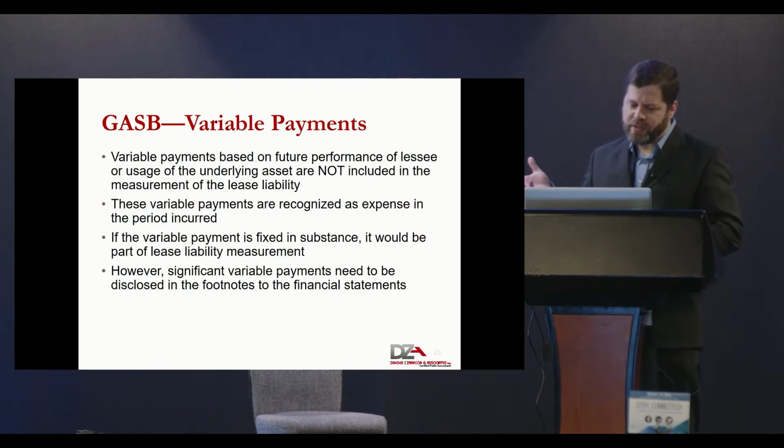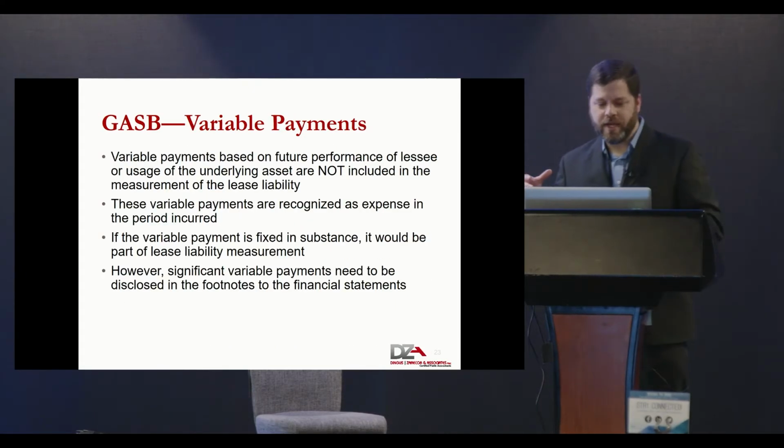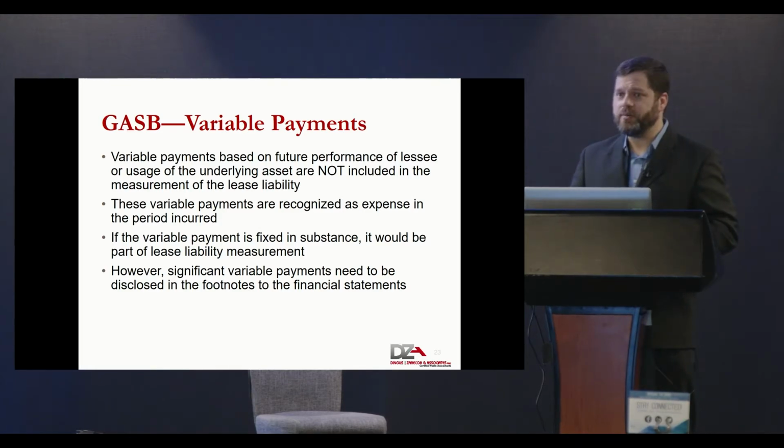So the variable payments, you do not include variable payments that are truly variable, like if it's a printer and it's all based on the number of copies you make, you wouldn't include that. However, usually there's a minimum amount that you have to pay. So you pay X amount per month, and that goes up to 10,000 copies.